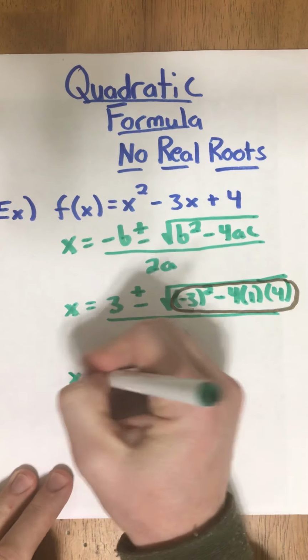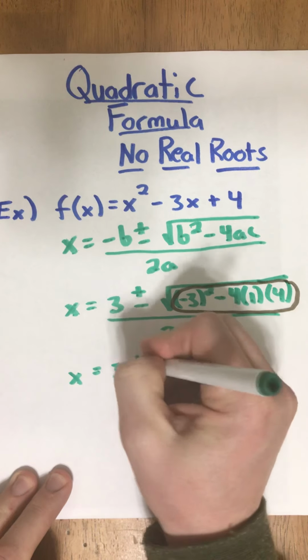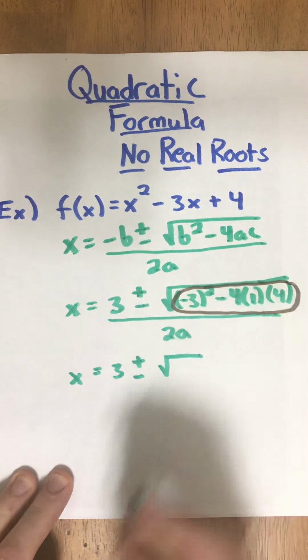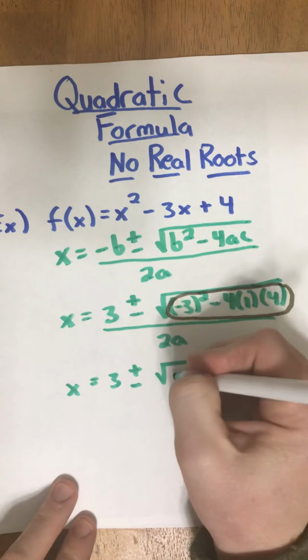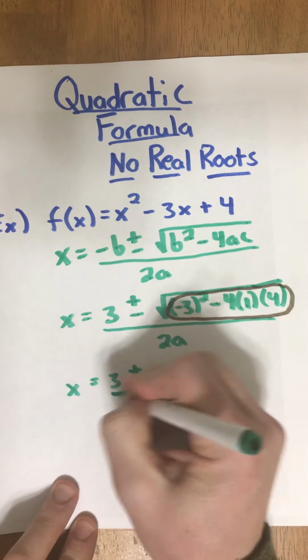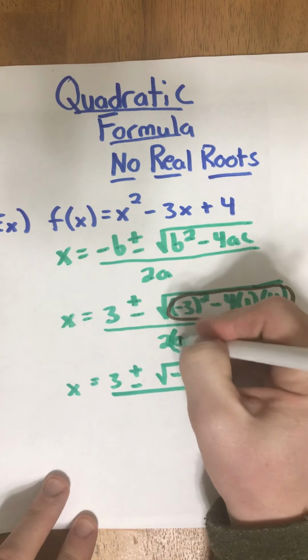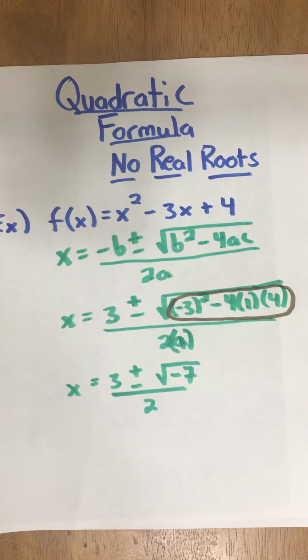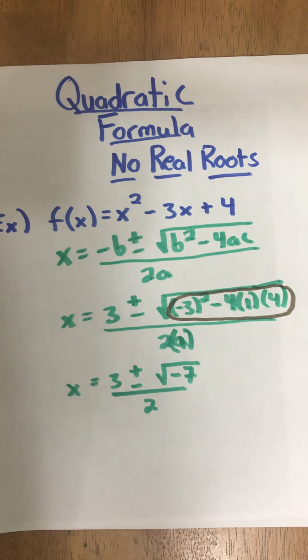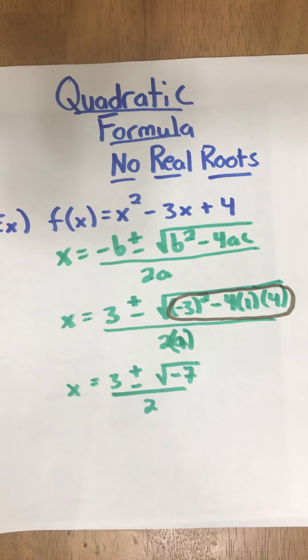So we're going to end up getting x equals 3 plus or minus square root of negative 7. Oh, forgot to substitute my 1 in here for a before. Divided by 2.